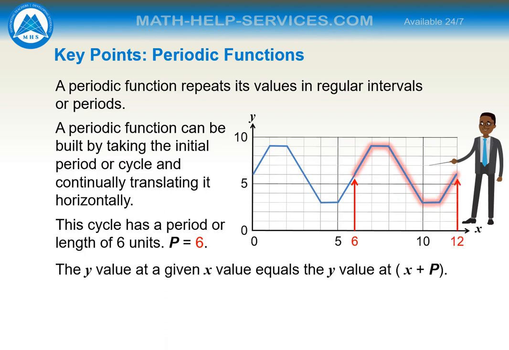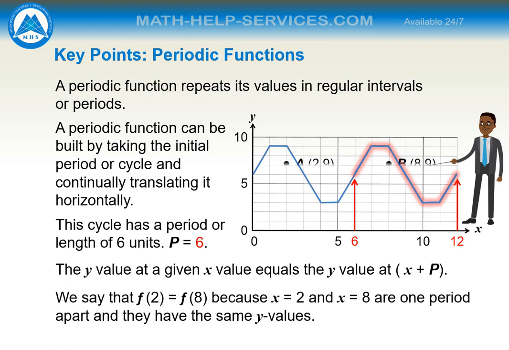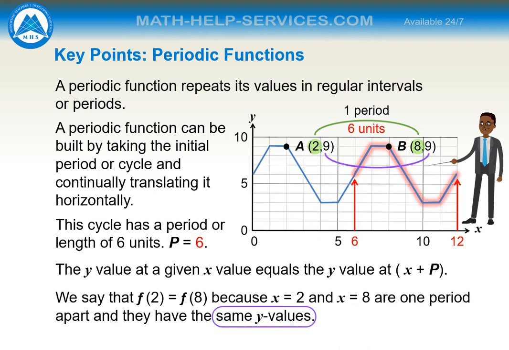The y value at a given x value equals the y value at x plus p. We see that f of 2 equals f of 8 because x equals 2 and x equals 8 are 1 period apart and they have the same y values.